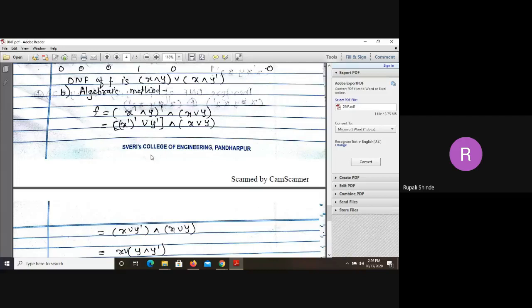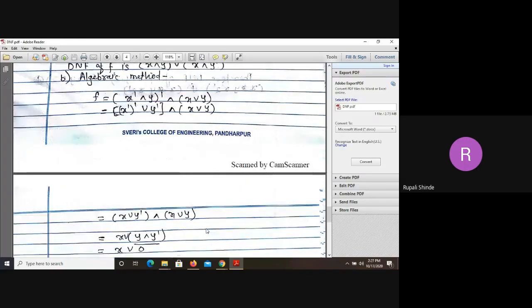So x or y's complement is the first term, and x or y. Now check here, in both the terms x or is common, so we have taken it outside the bracket, and inside the bracket we can write y and y's complement. So the value for this one is y and y's complement.